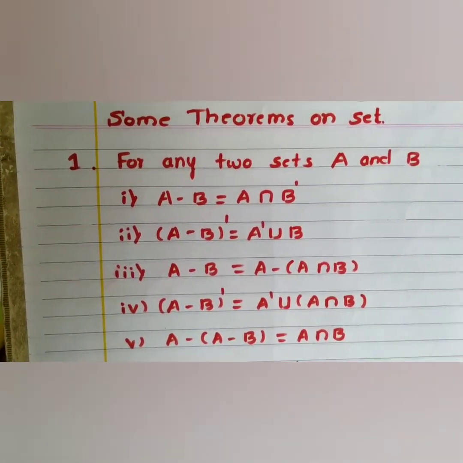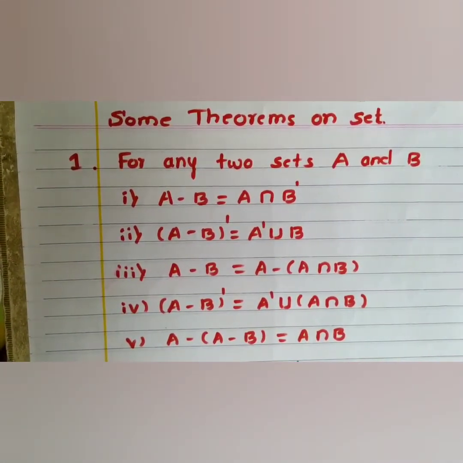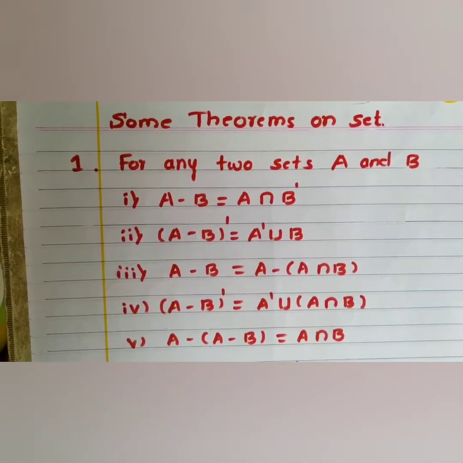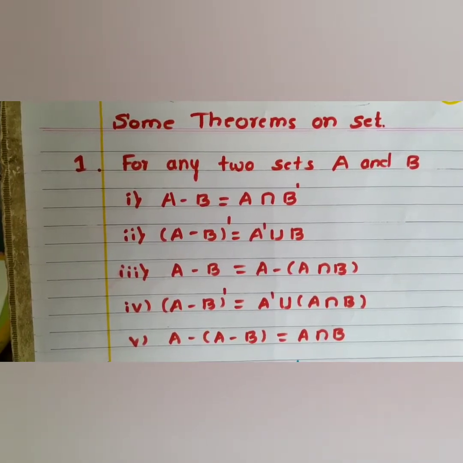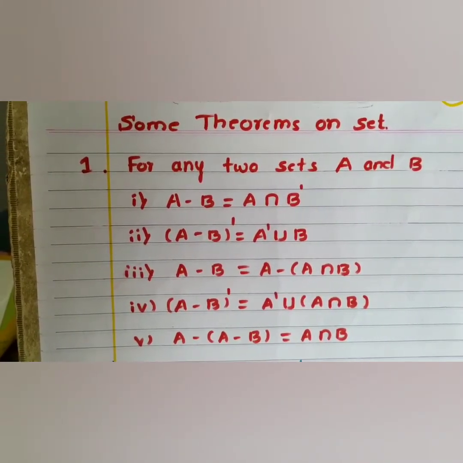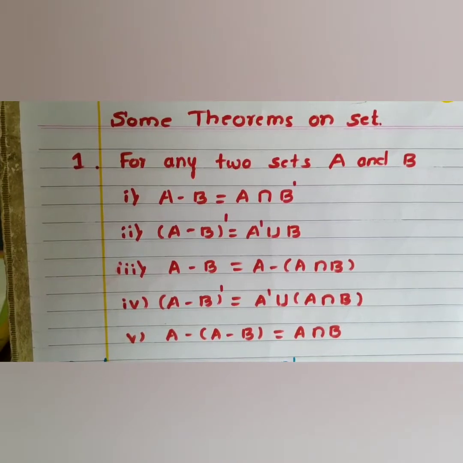These theorems consist of more than one or two operations at a time. Minus means difference, cap means intersection, cup means union.